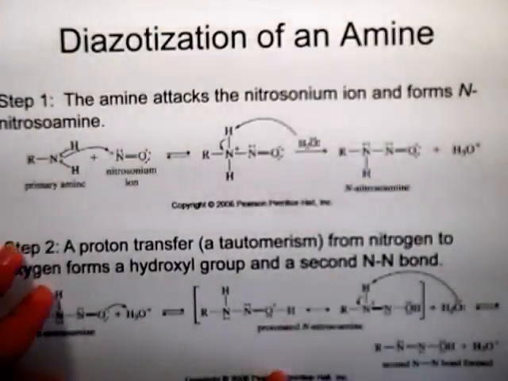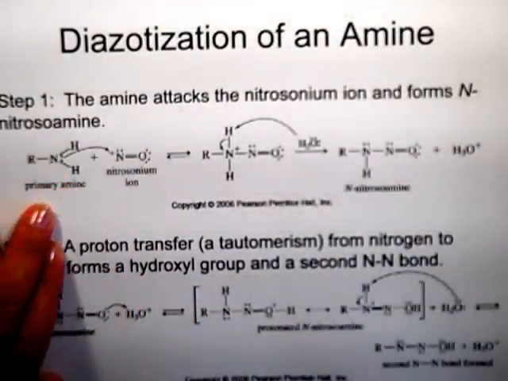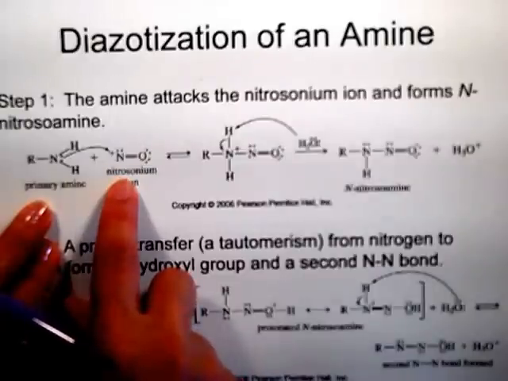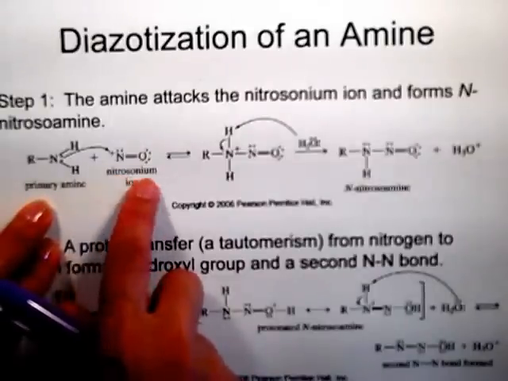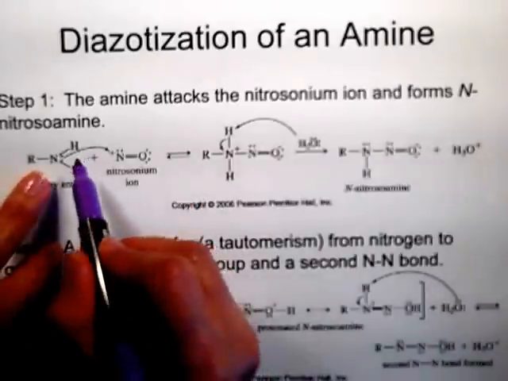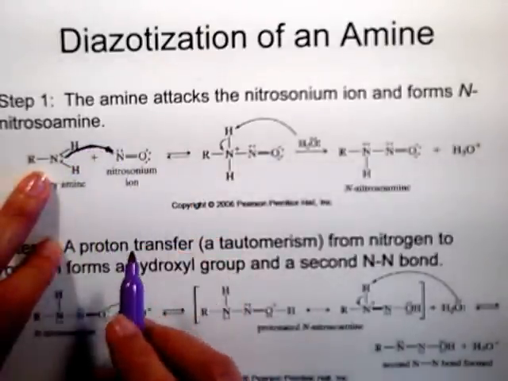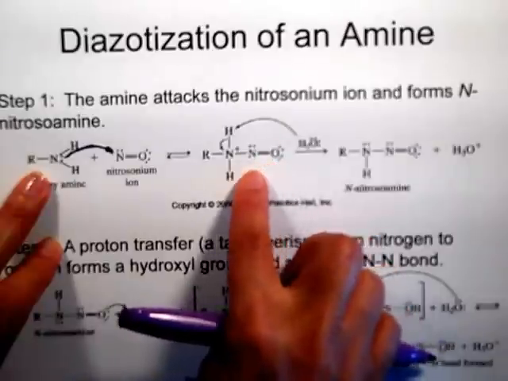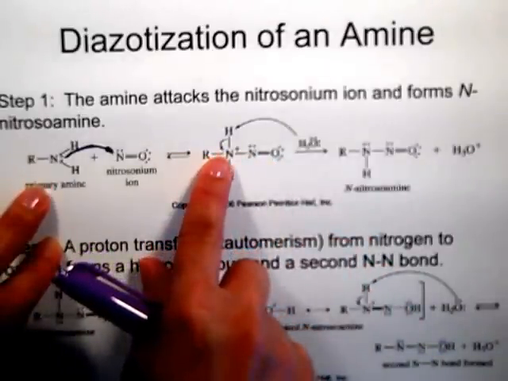All right, so you take your amine, and when you add the sodium nitrite, it's going to form nitrosonium ion in there. And we're going to attack the nitrogen, and we add the nitrosonium ion to my nitrogen.